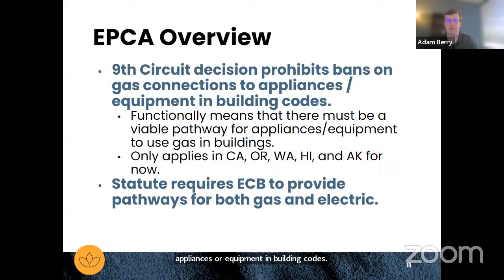Essentially, what that functionally means is that there must be a viable pathway for non-electric appliances, or appliances really of any fuel source, to be allowed in the building code. And as noted there, because this ruling occurred in the Ninth Circuit, it only applies in the states that are covered by the Ninth Circuit, which Colorado is not part of. So again, when we talk about limitations, these may be more real limitations in those states, whereas in Colorado, it's more of talking about risk and possible limitations.